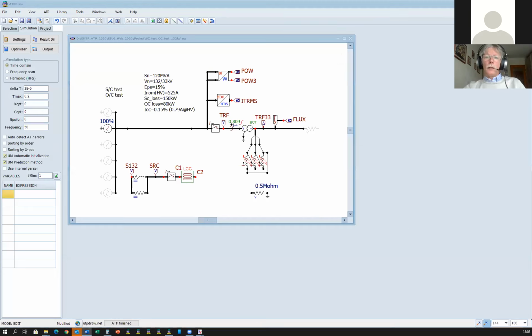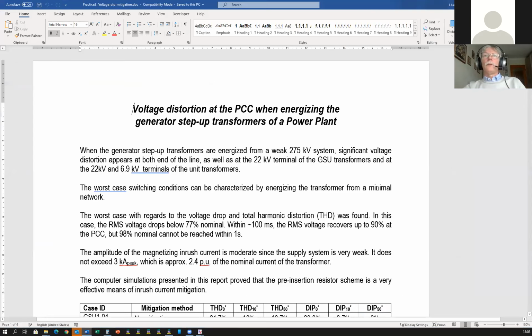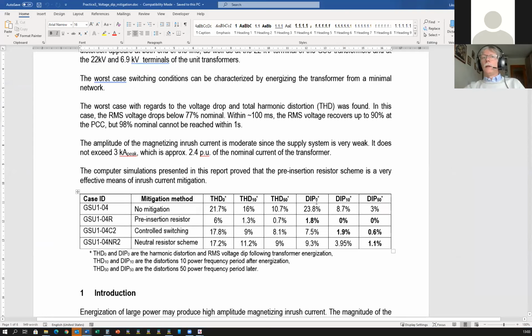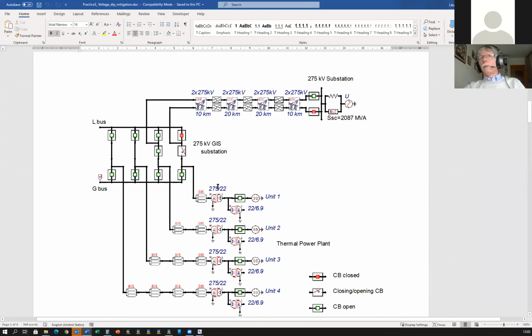This is a typical study I prepared some years ago. It's a voltage dip study. The system is a bit more complex. It was actually a Japanese system, a 60 Hertz system, with a 275 kV double circuit transmission line supplying the power plant.